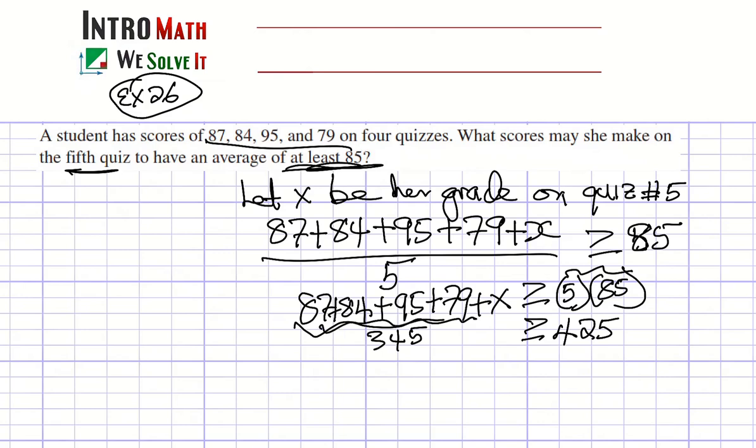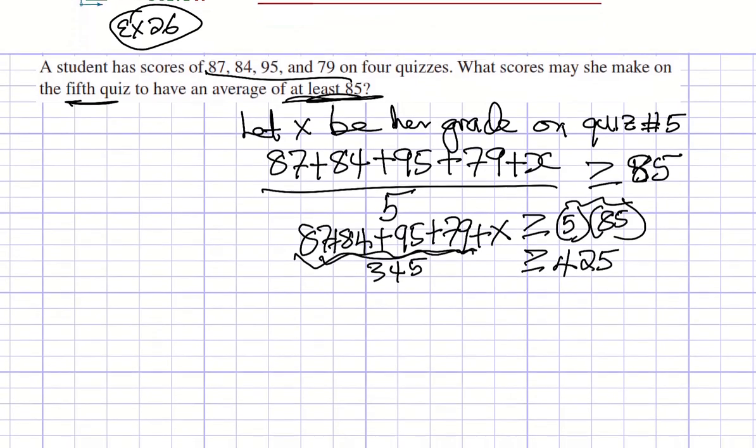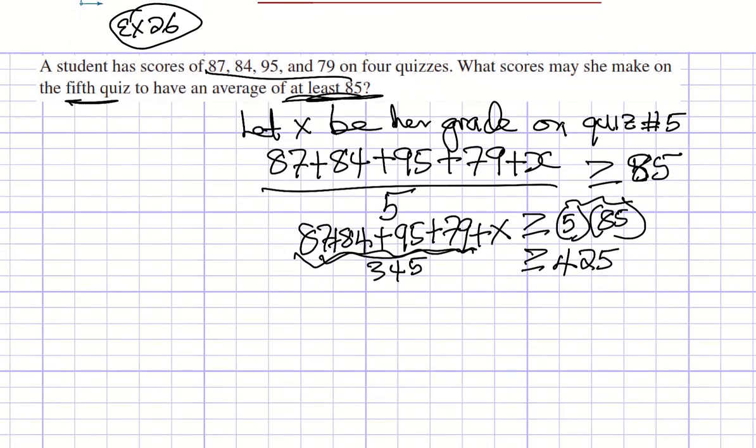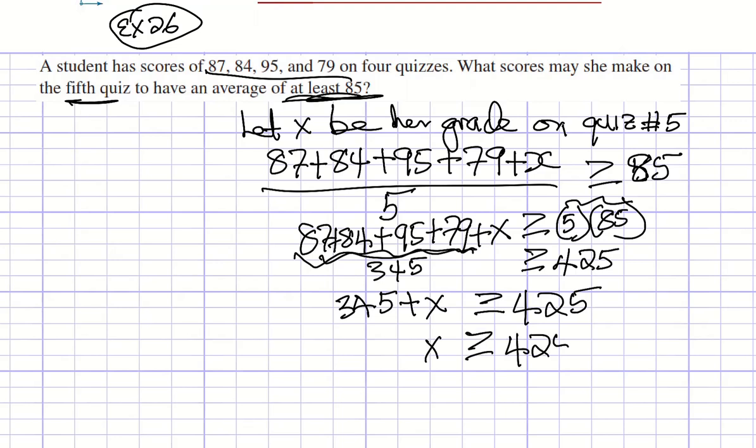If you add the 4 grades, you get 345. So 345 plus x is greater than or equal to 425. You move 345 to the other side, you get x greater than or equal to 425 minus 345.